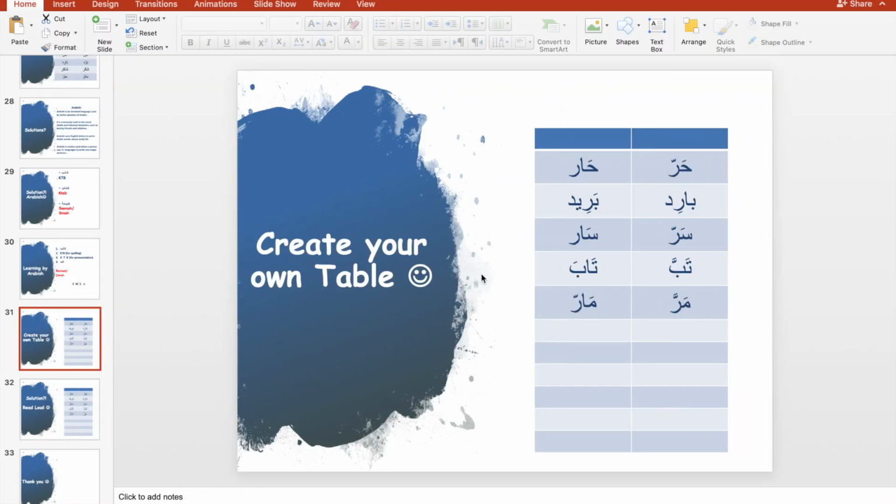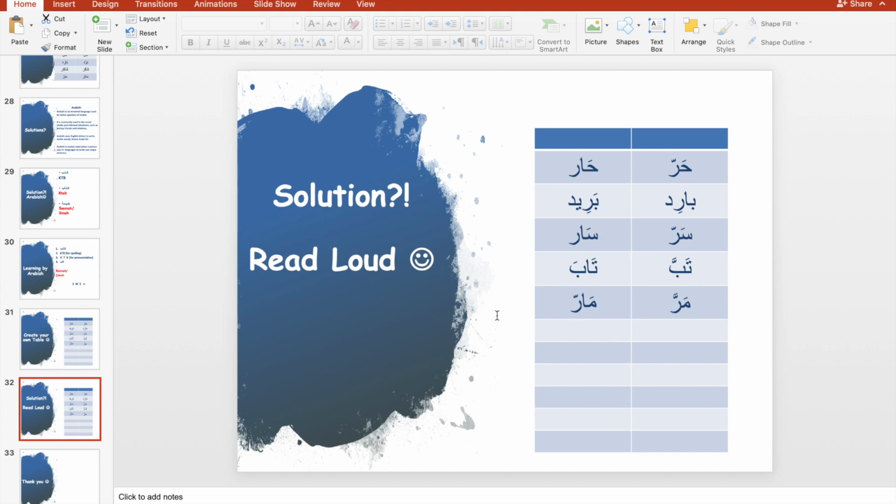Another solution is to create your own table where you add all words you get confused with. Put them against each other so you can compare between them easily. Here is an example.